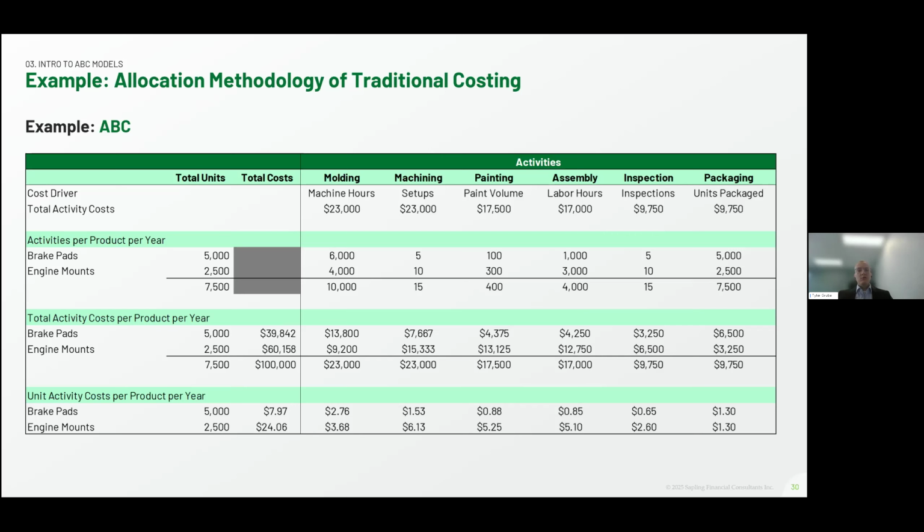By doing so, we can sum up each of these unit level activity costs and derive the total ABC estimate of cost for brake pads and engine mounts. And as you can see in the total cost column, at the bottom, the resulting allocation is $8 and $24 for engine mounts and brake pads.